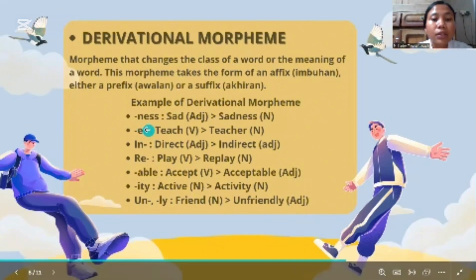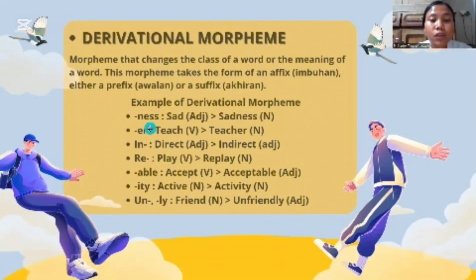the suffix ness, with the base word sad, which is an adjective, changed into sadness, which is a noun. And then suffix er with the verb teach to be teacher, that changes into a noun.